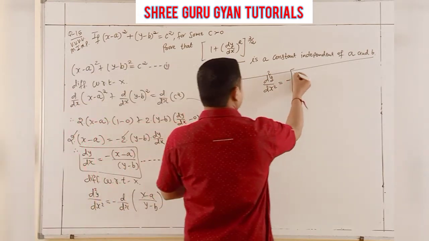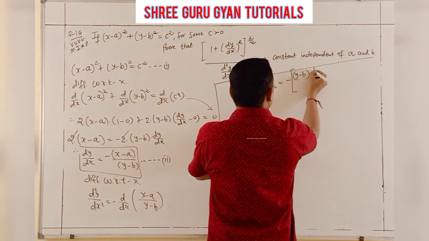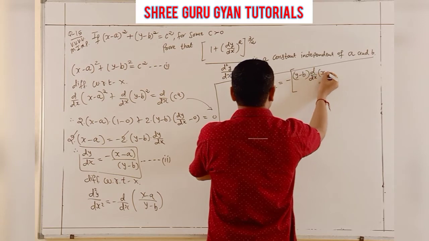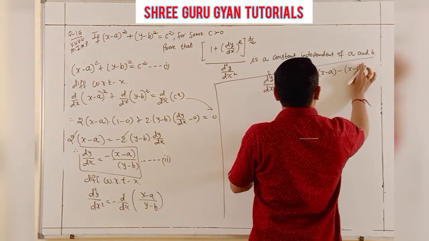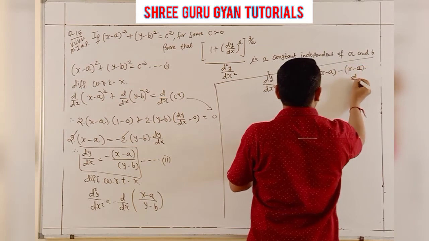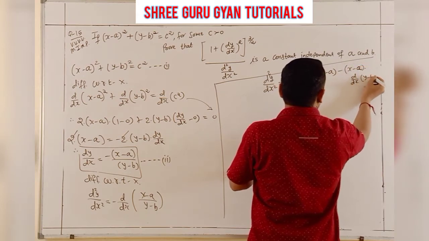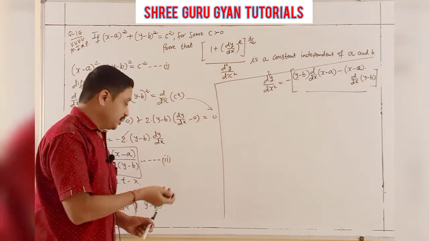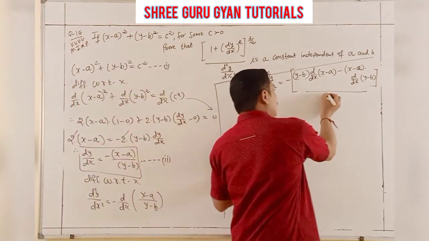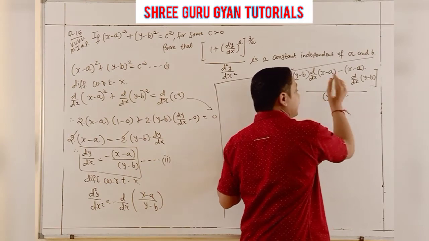So denominator times d dx of numerator, minus numerator times d dx of denominator, and upon denominator square, (y minus b) the whole square.